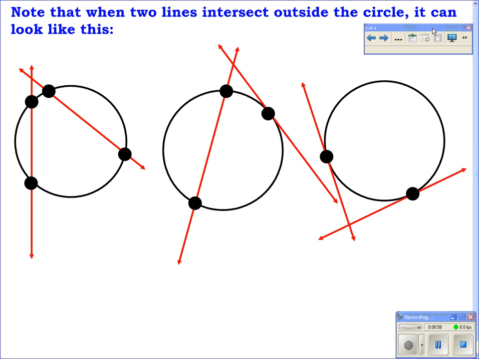These aren't new formulas, I'm just clarifying a few things. Because all of these are lines intersecting outside the circle, we're still going to subtract our arcs, just like we learned on the previous one.